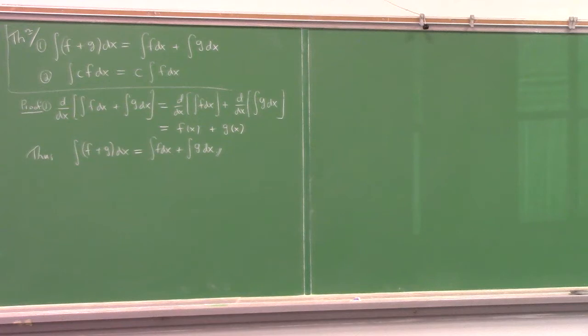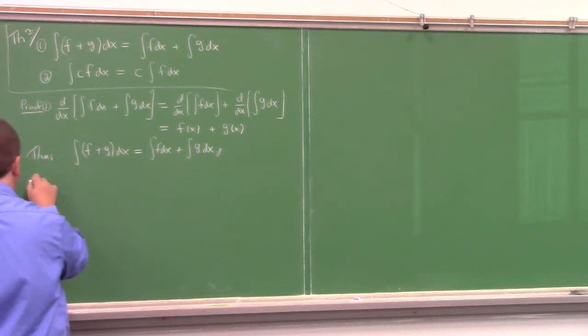Now, what about a product rule or a quotient rule or a chain rule for the integral? Well, not exactly. You could propose a product rule and we could see if it works or not, right? But let me give you a cautionary example.